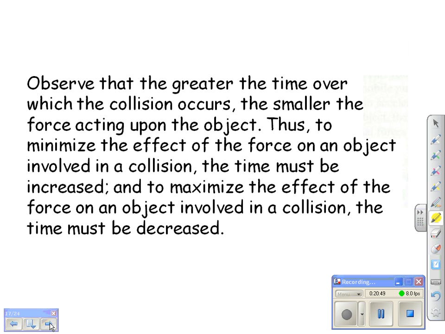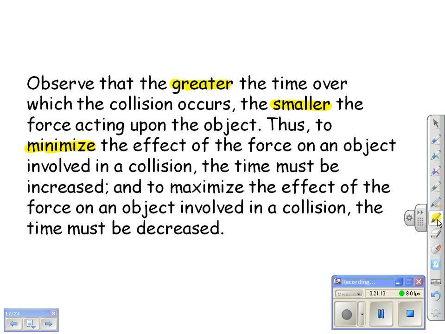So observe, and some words I want you to highlight, the greater the time over which a collision occurs, the smaller the force acting upon the object. Thus, you minimize the effects of the force involved in a collision. This is why you want it to take you more time to actually slow down.